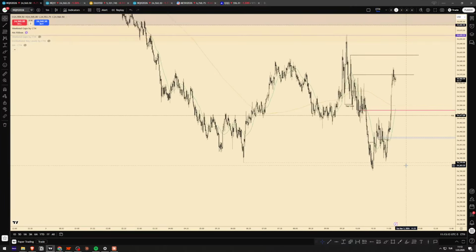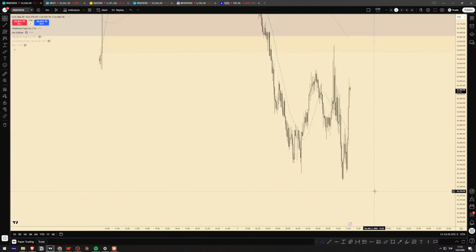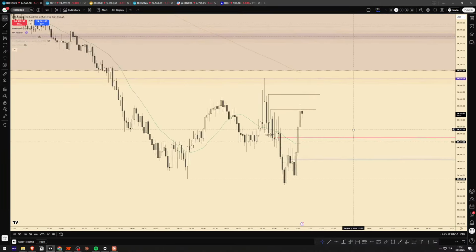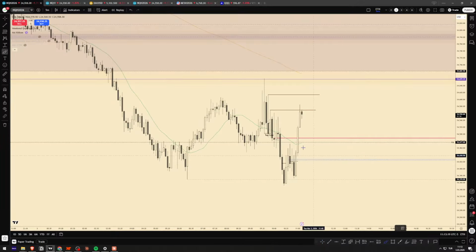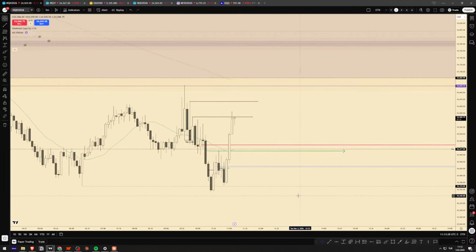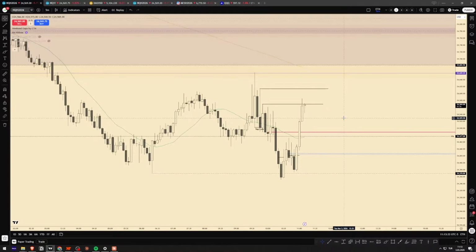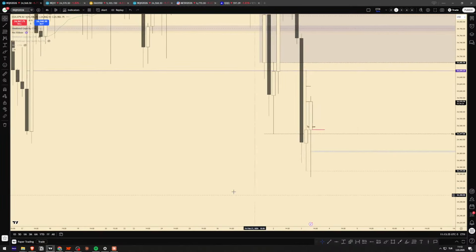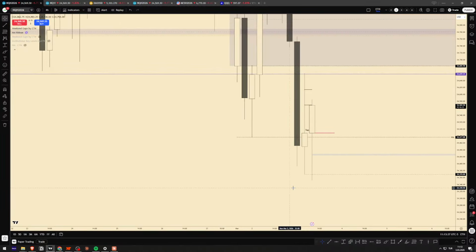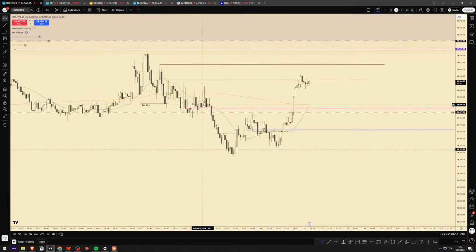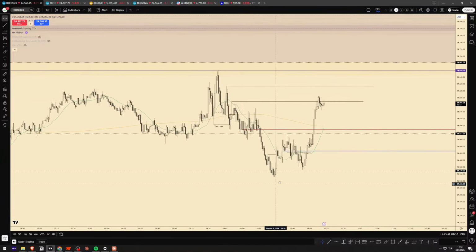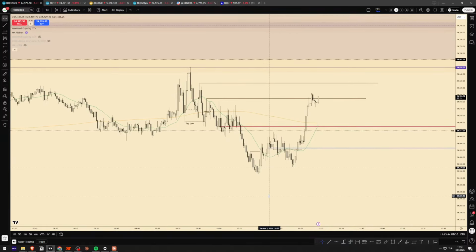It was a little manipulative, and because of this nature of price, I still believe that price might take out this level and make a deep retracement to this high over here, and then turn back higher. And I was talking about this 4-hour chart. 4-hour chart was looking bearish as hell right after it opened. It opened, swept the lows, chopped around.